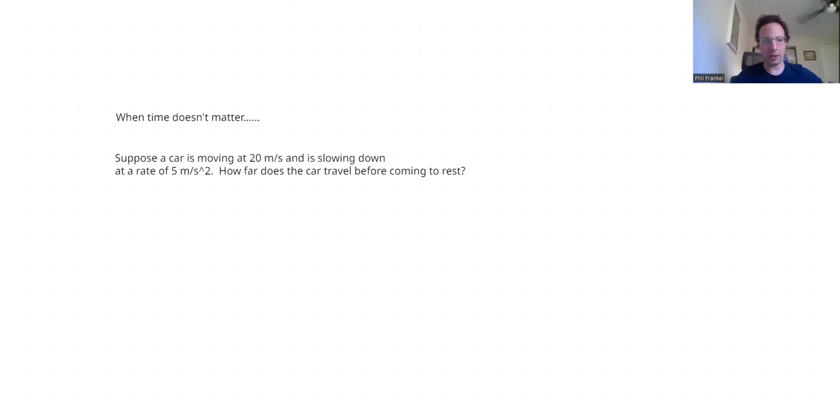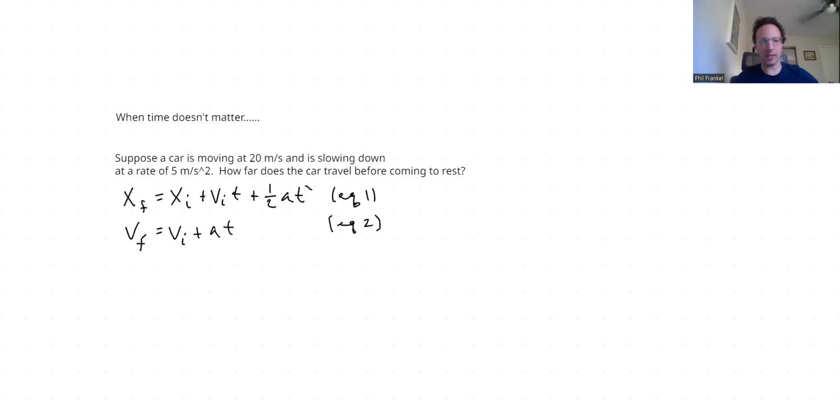Kinematics equation 1 looks like this, and kinematics equation 2 looks like this. We could solve this problem using just these two. Let's think about how we would do that.